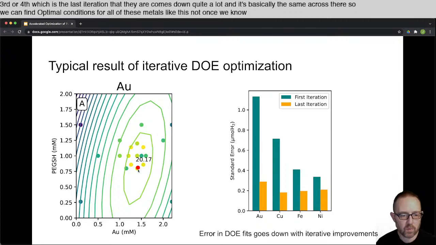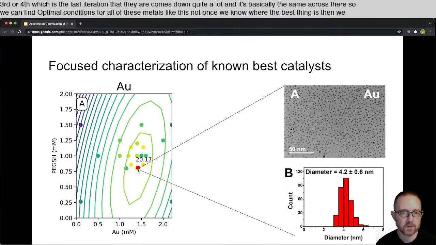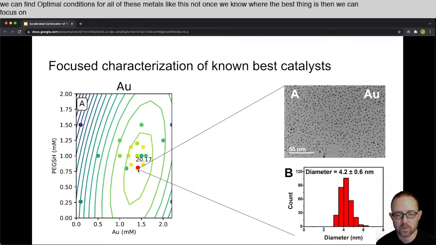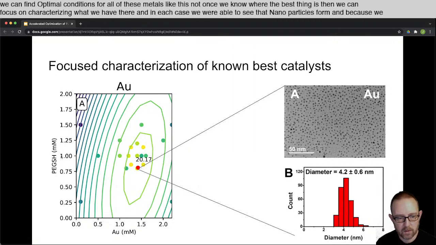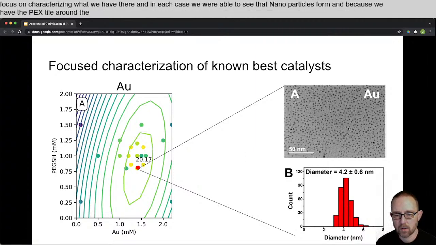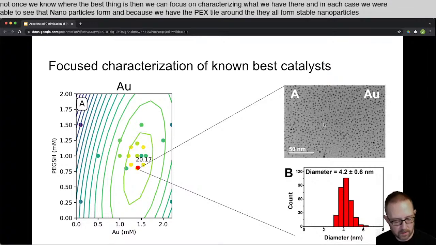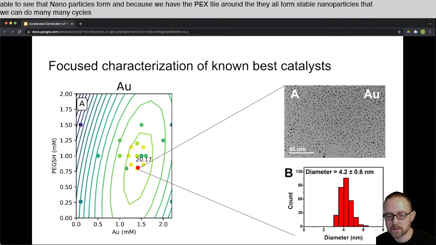Now, once we know where the best thing is, we can focus on characterizing what we have there. In each case, we are able to see that nanoparticles form. Because we have the PEG-thiol around, they all form stable nanoparticles that we can do many cycles of reactivity with, and they're not very big nanoparticles.